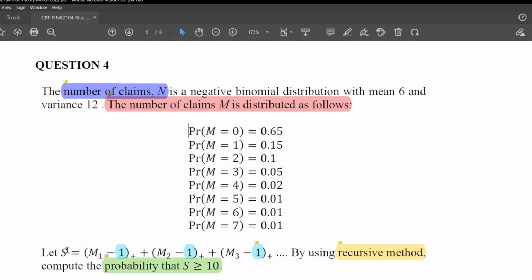And then S, the aggregate losses, is in the form of payment, where (M1 minus 1)+, (M2 minus 1)+, (M3 minus 1)+ are all in the form of X minus d, where d is the deductible with the value of 1. And then by using the recursive method, we have to use the recursive parameters a and b to compute the probability S is more than or equal to 10.